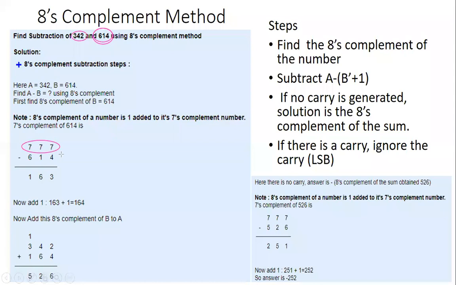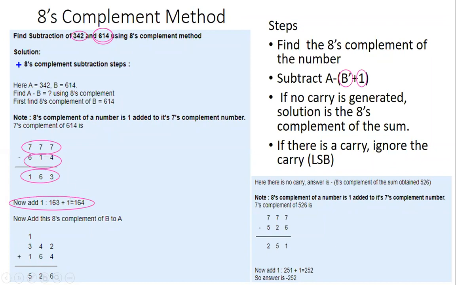First I have to take the 7's complement of 614, then I have to add 1. Take the 7's complement of the number, then add 1, and it will give you the 8's complement. So how do I take the 7's complement? 777 minus 614 will be 163, which will give you the 7's complement.